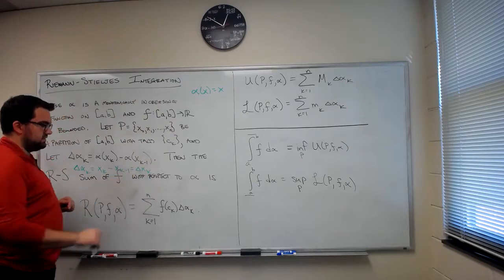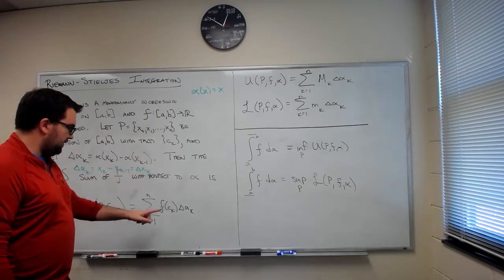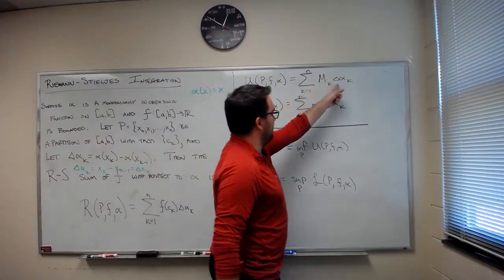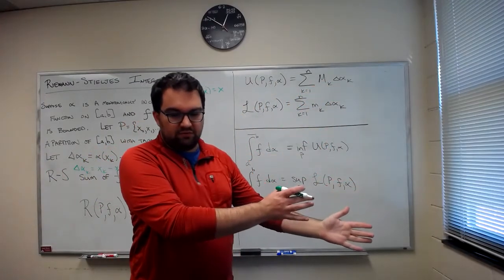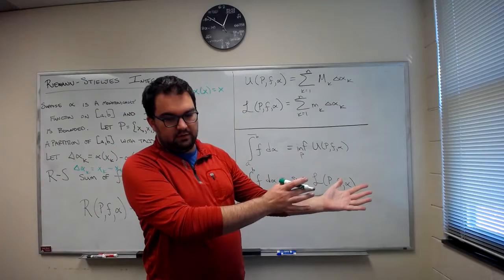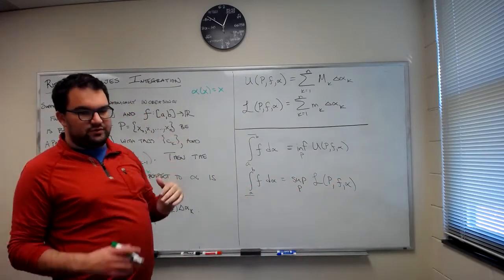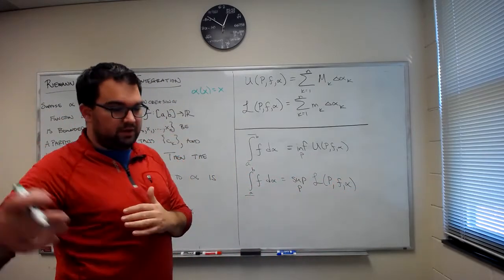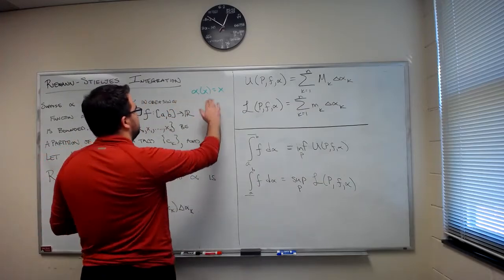And that's exactly what we called delta x sub k before. So then here I would have a delta x sub k, delta x sub k, delta x sub k. So all these things go back to the normal case of Riemann integration. So this Riemann-Stieltjes integration idea is really just a generalization of Riemann integration where I allow myself to weight points differently. Okay.